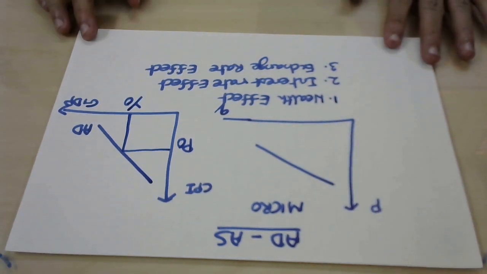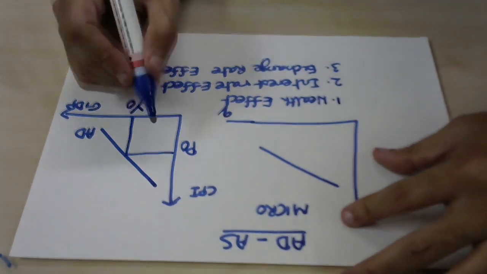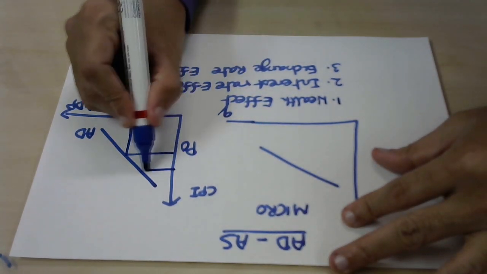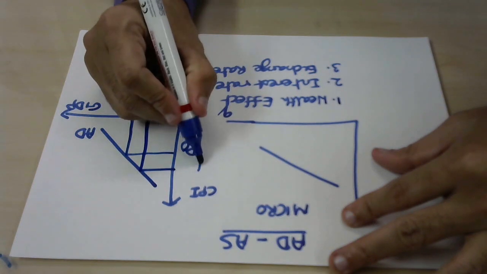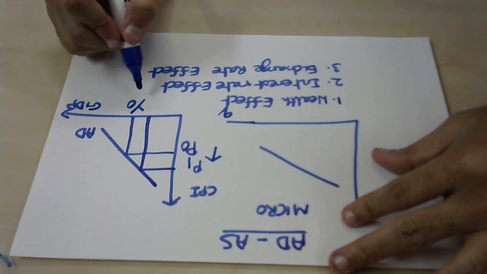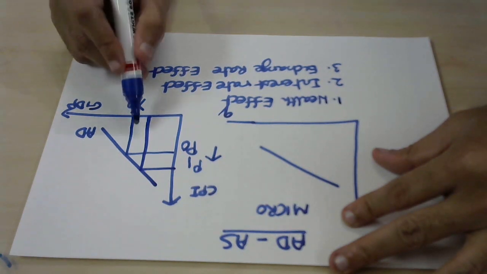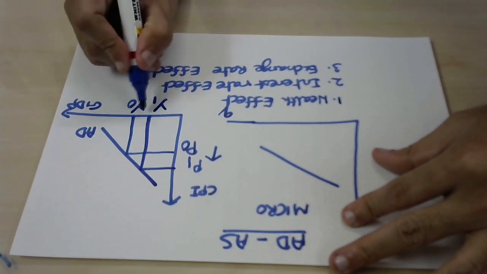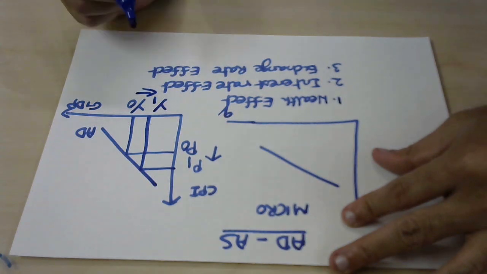This was our initial situation. Now suppose the price level increases from P0 to P1. Now what will be the impact on Y0? As per this diagram, output should decline from Y0 to Y1.